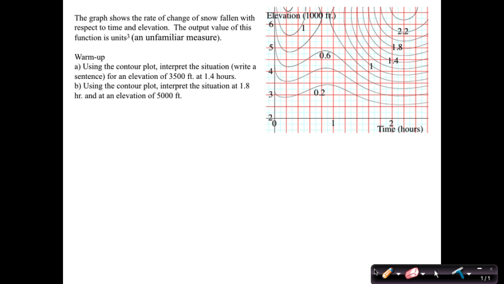What does this graph tell you about the situation at 3,500 feet above sea level and 1.4 hours after the blizzard began? And similarly, 1.8 hours at an elevation of 5,000 feet. So we've got to understand the graph first. Get a partner and talk through these two. Go.